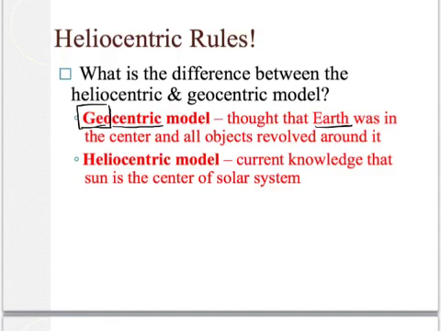That is where they thought Earth was in the center and all objects revolved around it. When you are standing on the planet looking up, what you see move, you can understand why people at this time believed that. And then we have helio, again using the same prefix, and that is for the sun at the center of the solar system.